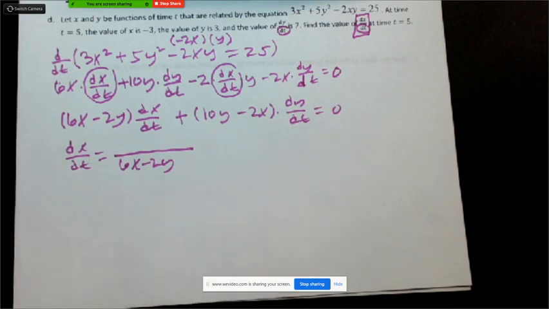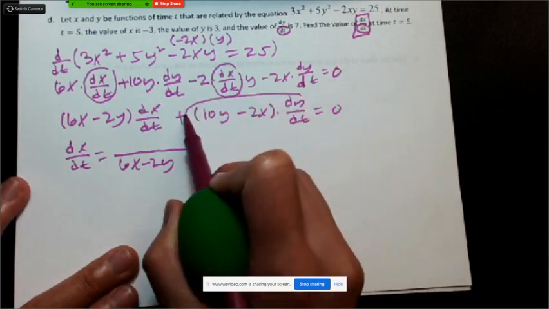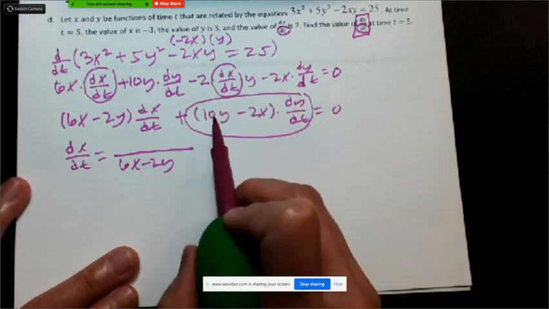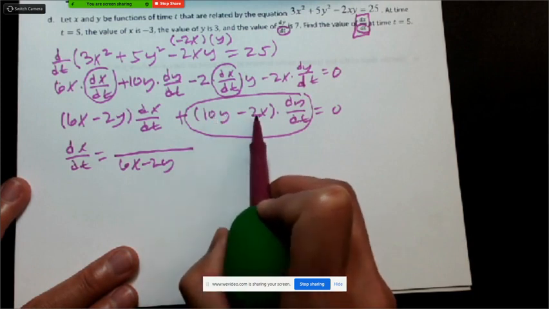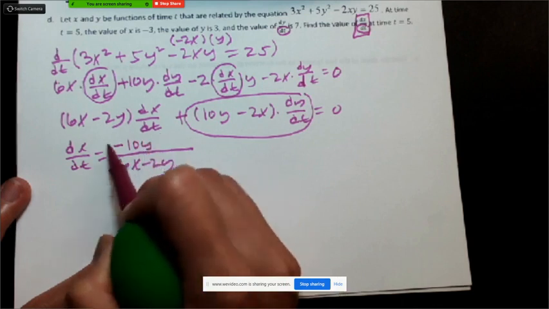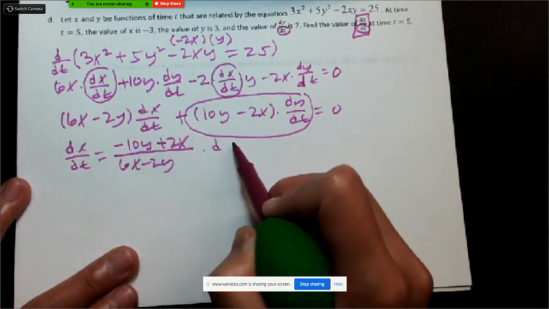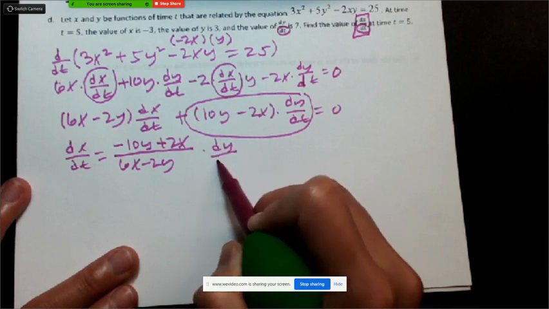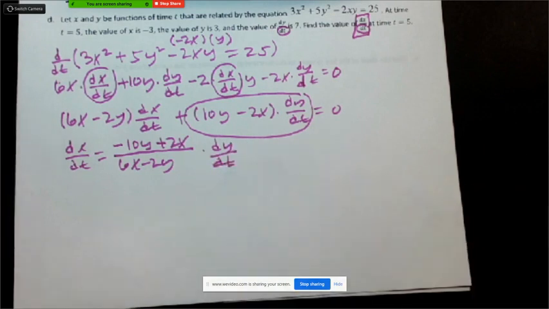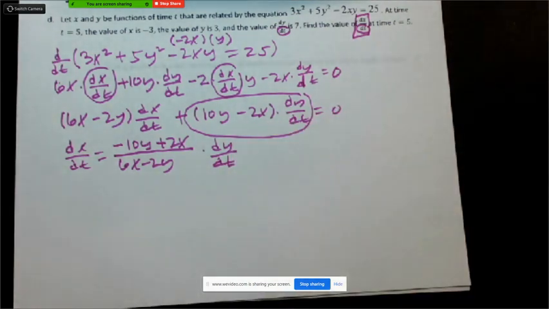Watch what I do. Since I have to subtract all of this, I want to distribute the negative to this one and this one. Is everyone okay with that? Okay, so I have minus 10y plus 2x, and we have dy over dt. And when you're subtracting, your fraction stays the same. You're not multiplying or dividing and changing it to its reciprocal.